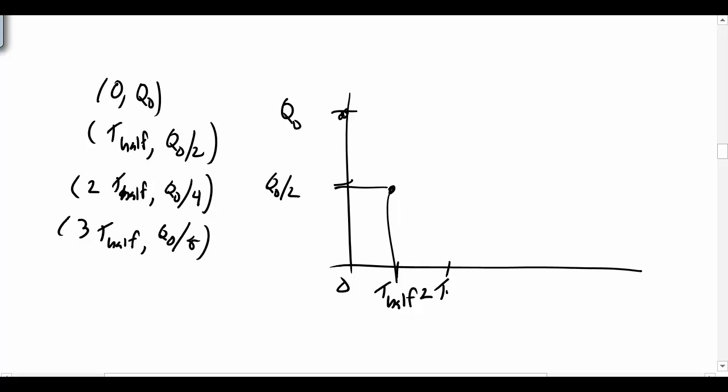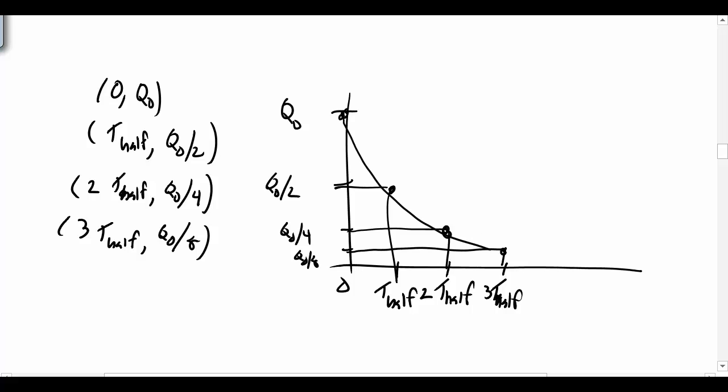Then 2 times that half time, which would be another half of this Q. So this time it would be Q naught over 4. And then 3 times the half time, which is another half of the last one, so that'd be the initial over 8. And so with all those points plotted in, I could see a real quick pattern. I could sketch the graph in like that.